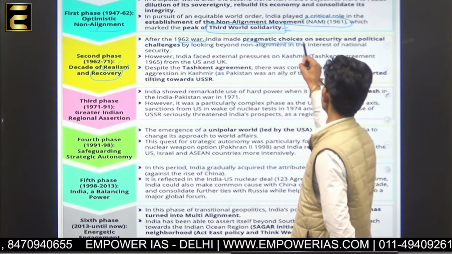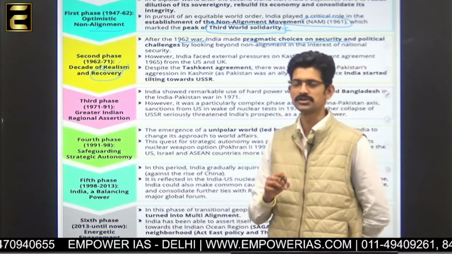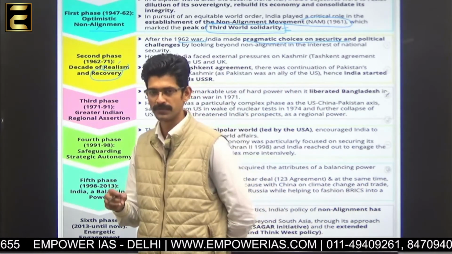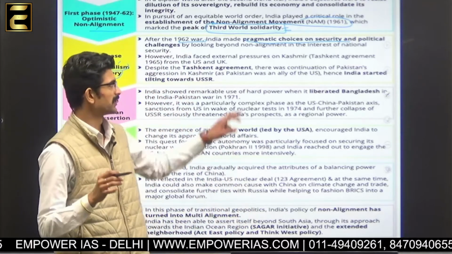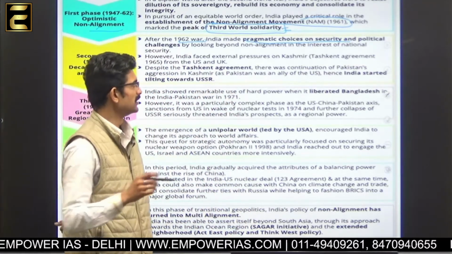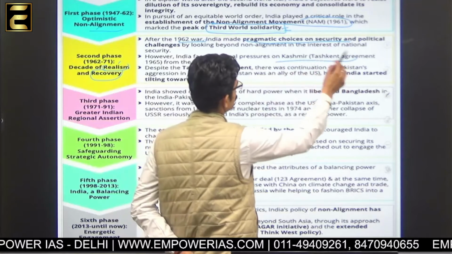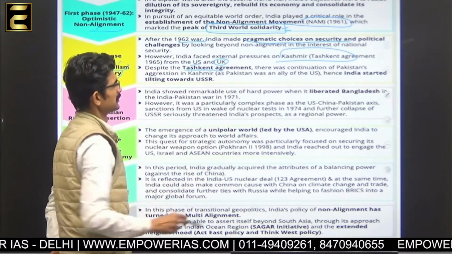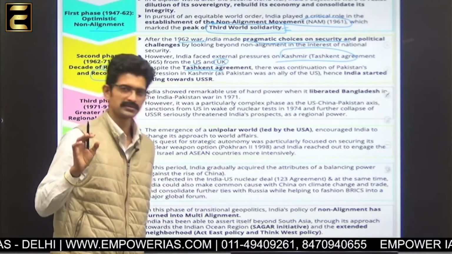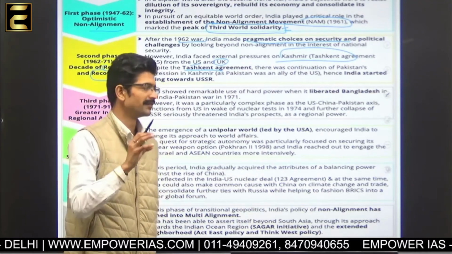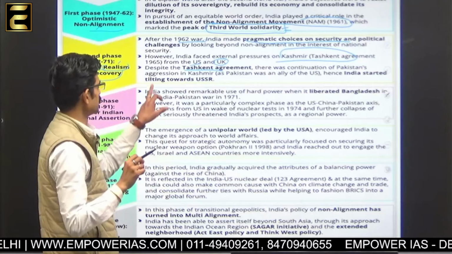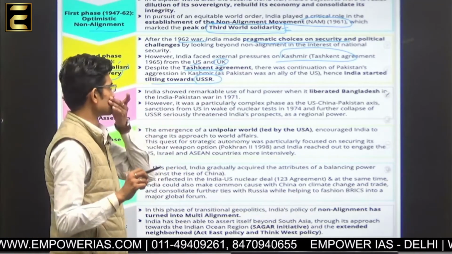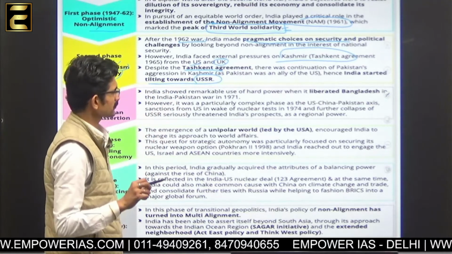India made pragmatic choice of security. 1962 India was engaged in Indo-China war and the groups of non-alignment members which helped India played a significant role in this part. Then we had Tashkent Agreement mitigated by United States and United Kingdom. Despite Tashkent Agreement, Pakistan continued to become an aggressive neighbor nation and which contained to mitigate the aggression via USSR started to tilting towards Pakistan.